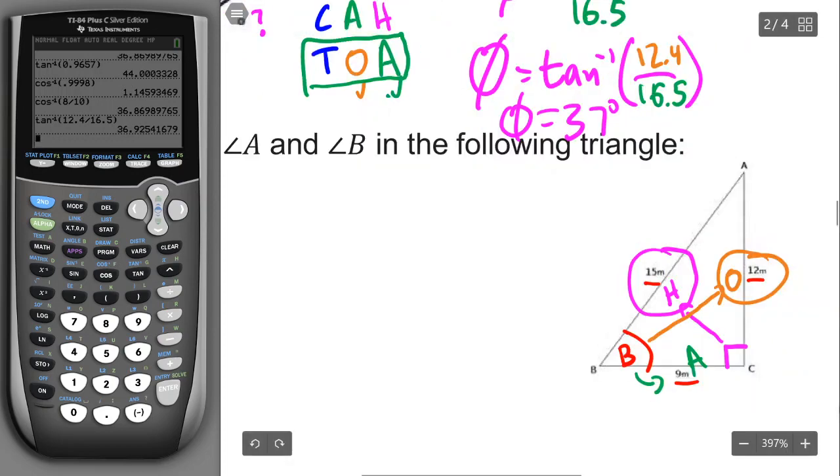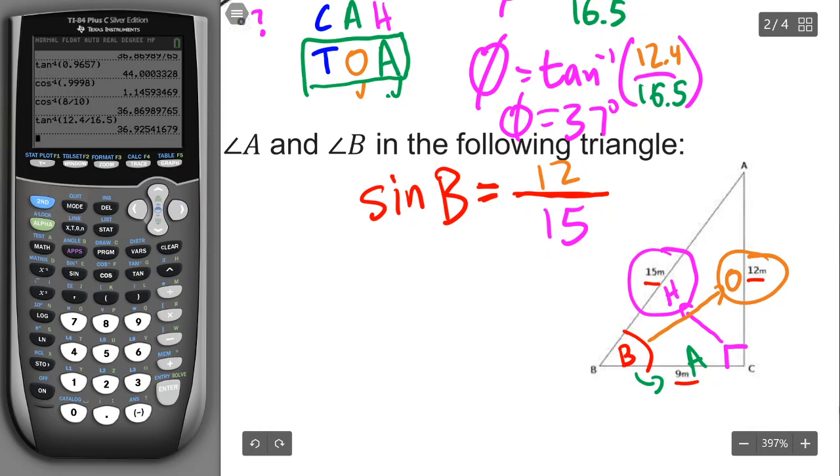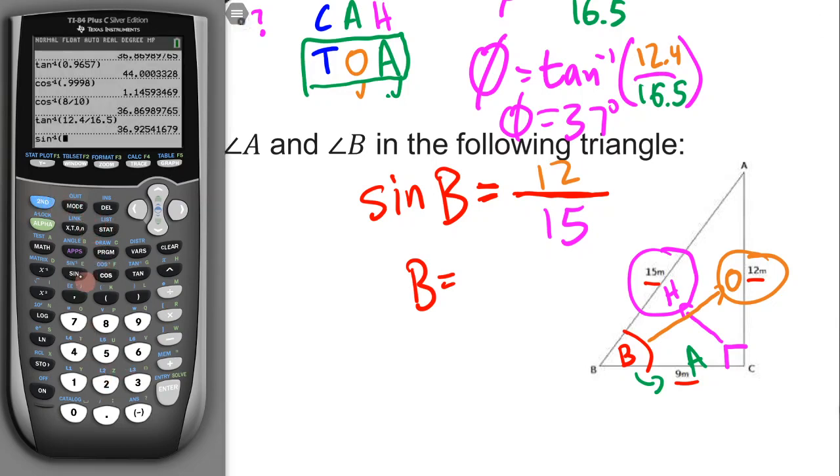So I'm going to set up sine of my angle equals a fraction, right? Sine always has to have an angle next to it. It always then equals a fraction. So that's how I'm always going to set it up. Sine of the angle equals a fraction, and my fraction in this case is my opposite, 12, divided by my hypotenuse of 15. And now I know that B then is going to be the inverse sine of that right-hand side stuff.